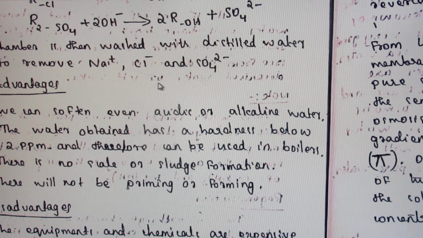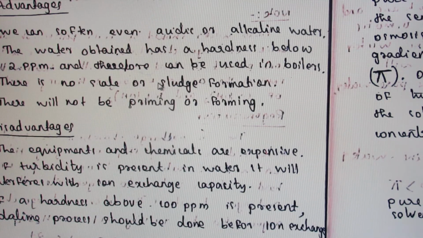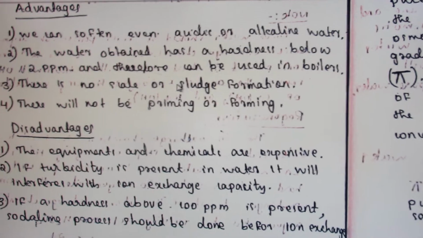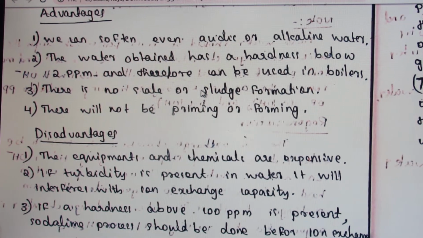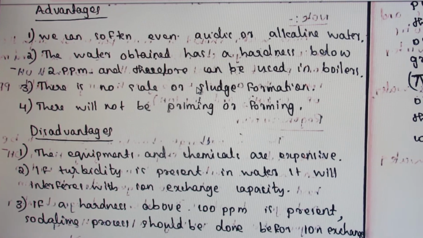So the cation exchange unit and anion exchange unit can both be regenerated with the help of acids and alkalis.